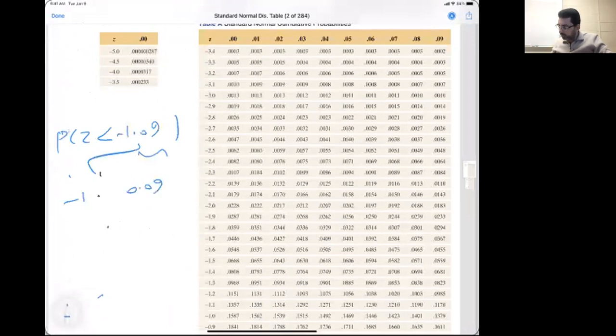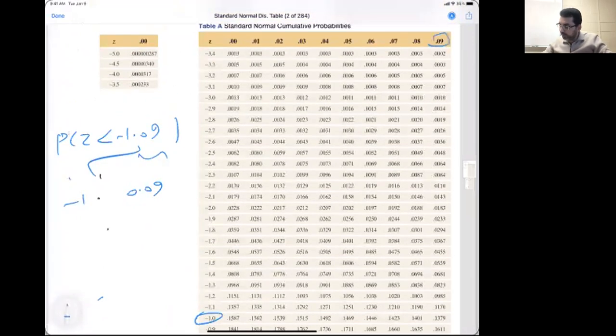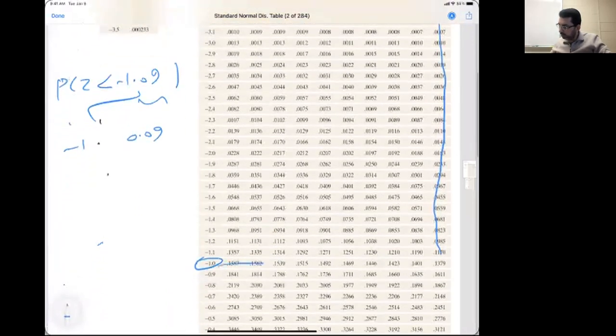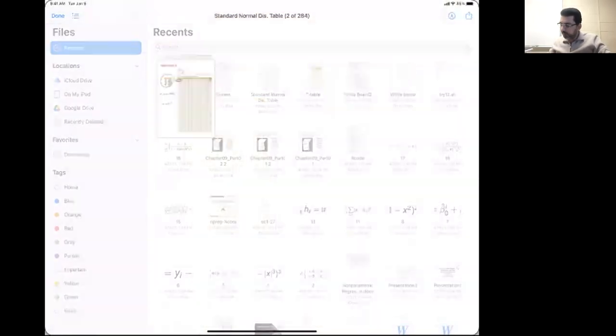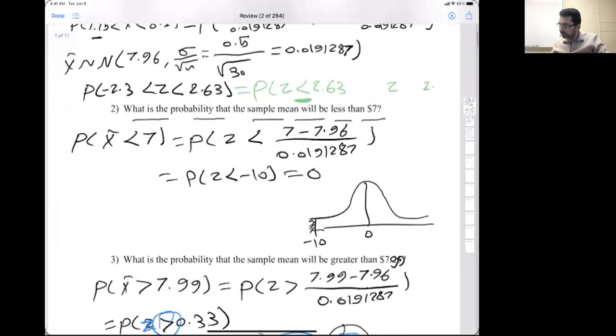Negative 1 is here, 0.09 is here. The intersection between this column and this row is 0.1379.